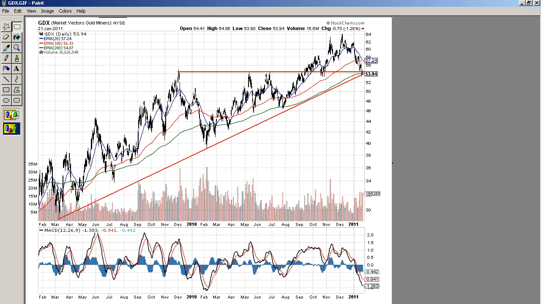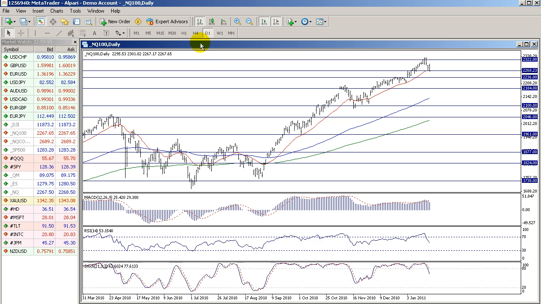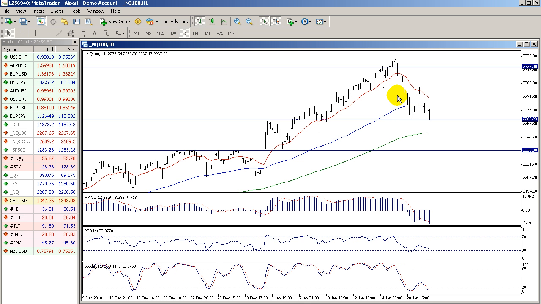So going back to the chart of S&P 500, this is the hourly chart. Again, the trend here is still on the upside, but the fact that the Nasdaq 100 is breaking lower right now is a sign that the market has likely topped out.